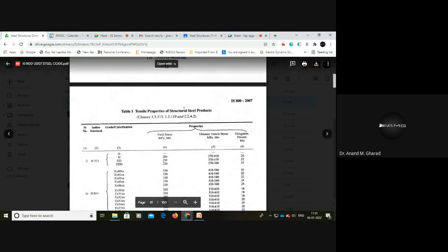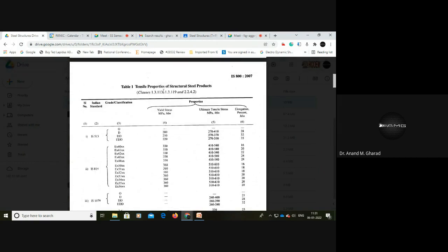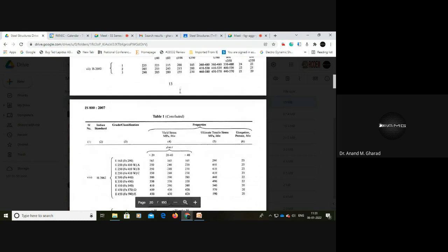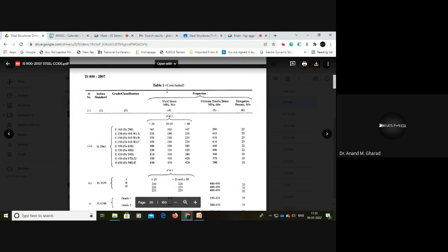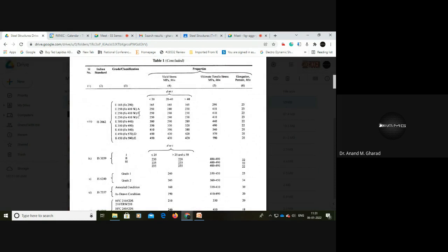Okay, look at this. Are you able to see this? Table 1, tensile properties of structural steel products. Over here, yes, now you can see. Table 1 which is included on page number 14. See, what is the grade of plate which is mentioned?